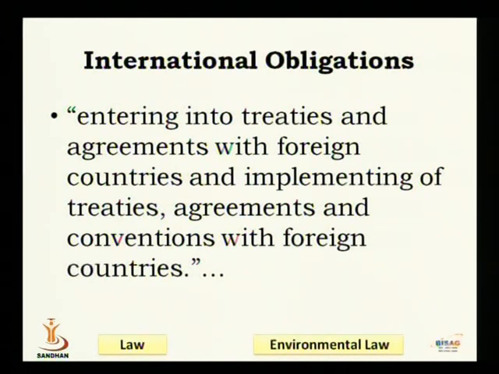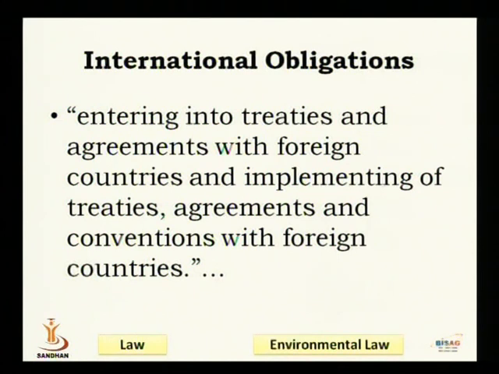For this purpose, we have enacted the Air Pollution Control Act and the Environmental Protection Act 1986. These two acts were specifically passed by the Indian Parliament for application of entry number 13 as well as entry number 14.